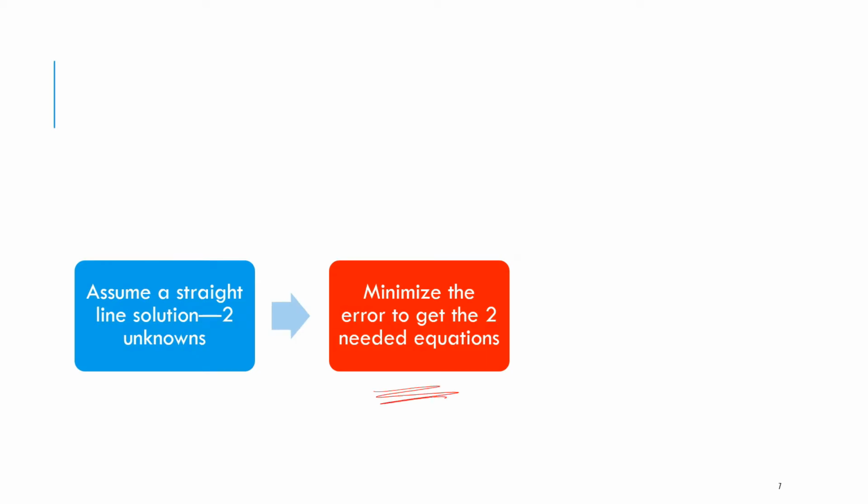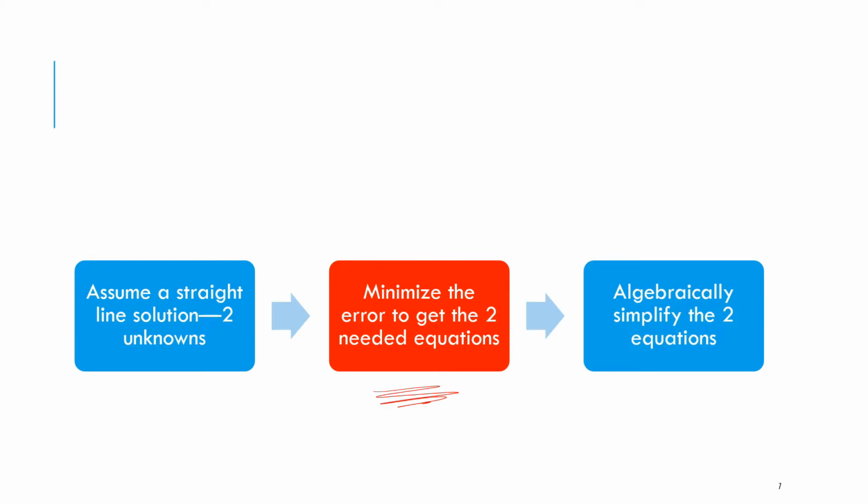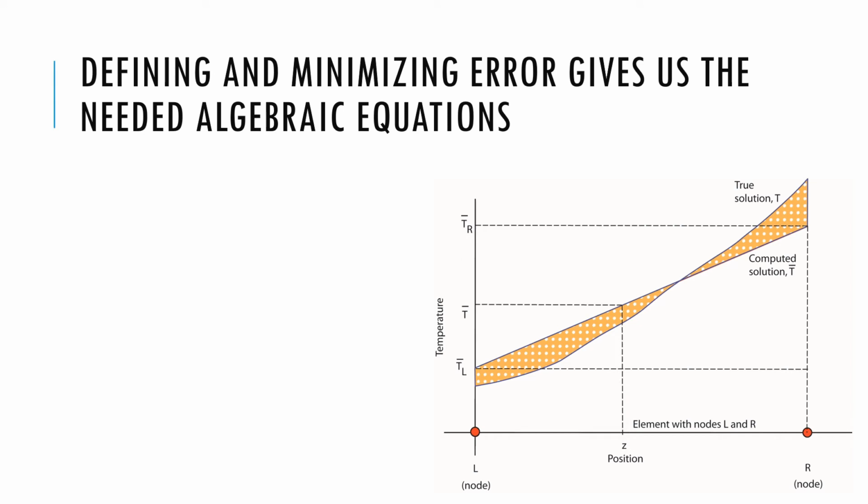So now we try to minimize the error to get to the needed equation. This is the second step. So again, the true solution is something we do not know. We will only compute an approximate solution, T bar. So the error is this shaded zone. And let's see how we can write this.